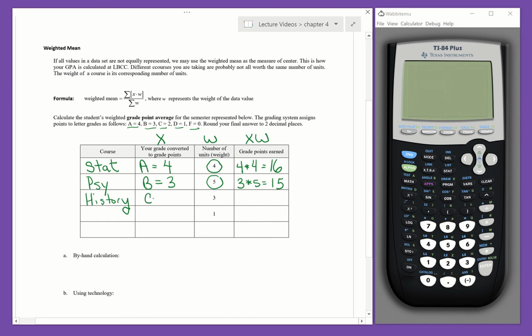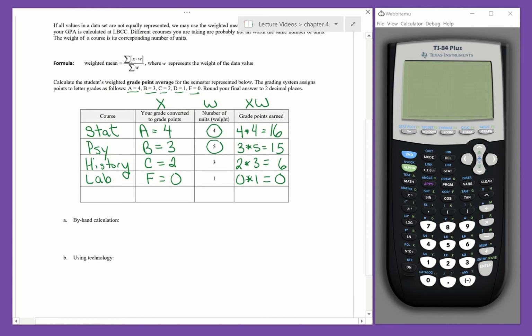I'm going to go with a C here. C's are worth 2. And 2 times 3 is going to earn you 6 grade points. And then finally, a 1-unit class. I'm going to just call it a lab that you may be taking. And just because I want to round this out, let's say that you do fail your lab class. So failing earns you no grade points. And of course, 0 times 1 is still 0.